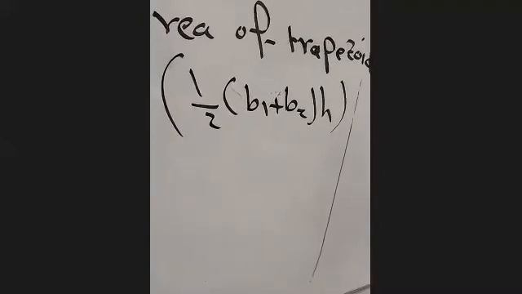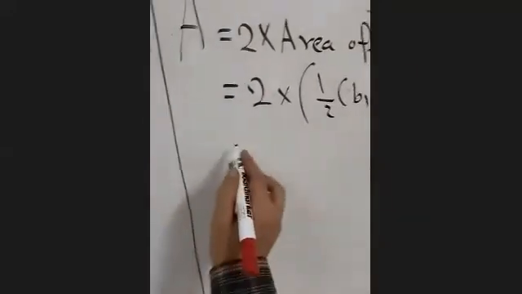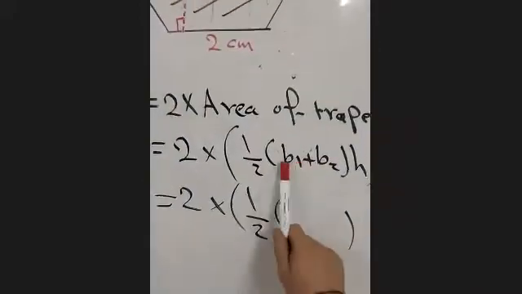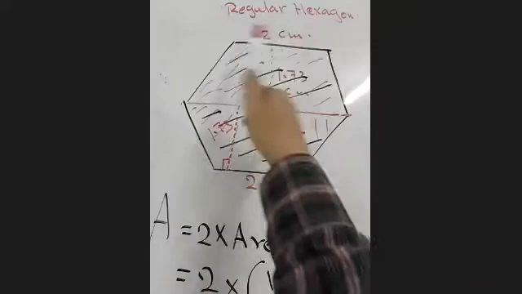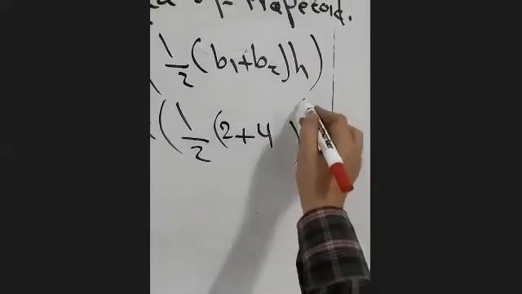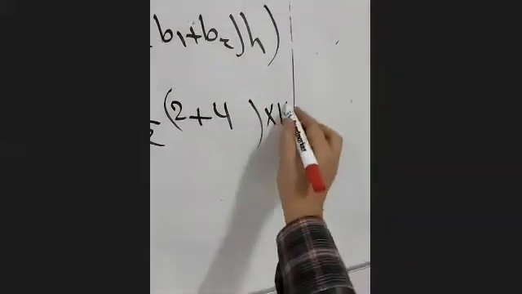More than 20 questions we solved in the past 2 days about this formula. Equals 2 multiplied by half bracket base 1 plus base 2, base 1 is 2, base 2 is 4, or 4 and 2, they are the same. Multiply the height. The height is the same, 1.73.